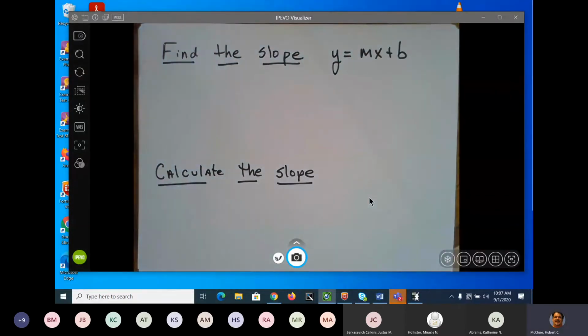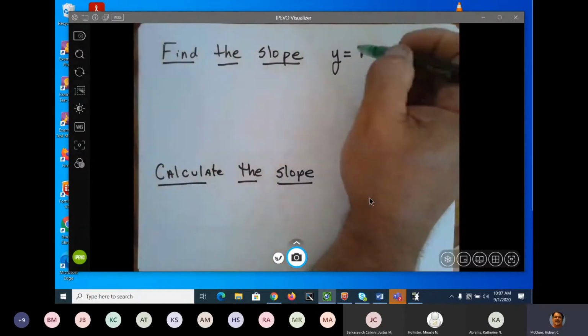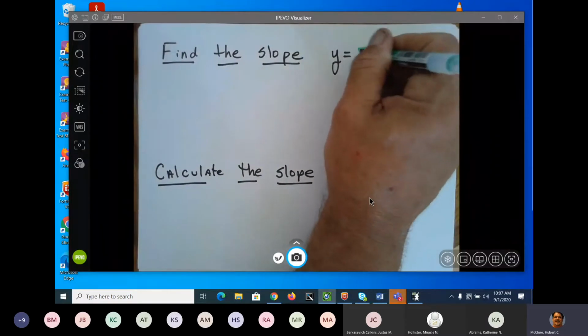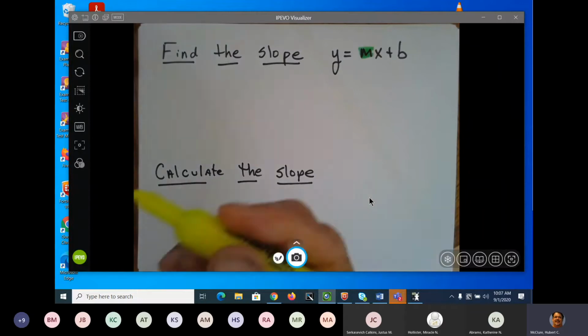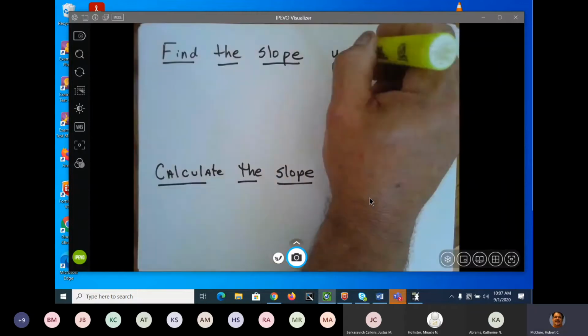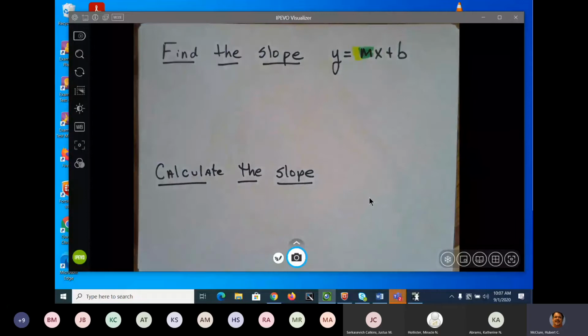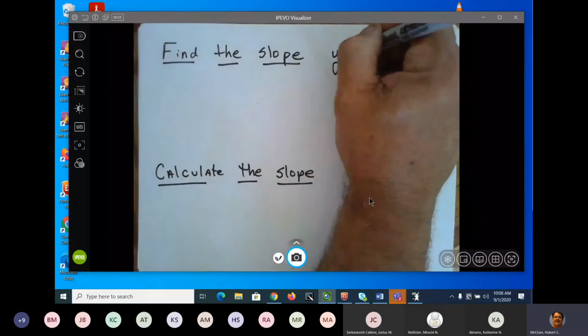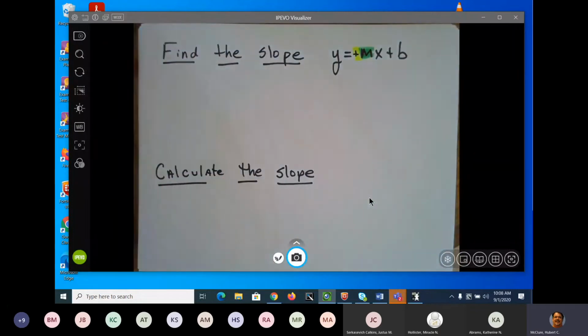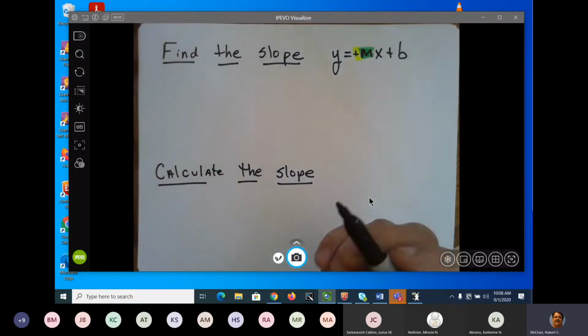And of course, the m is your slope. And not only m, but you also got to remember that the sign of the slope tells you a lot also. In this case, the sign is positive because there's nothing there. But you've got to remember that that m has a sign in front of it.